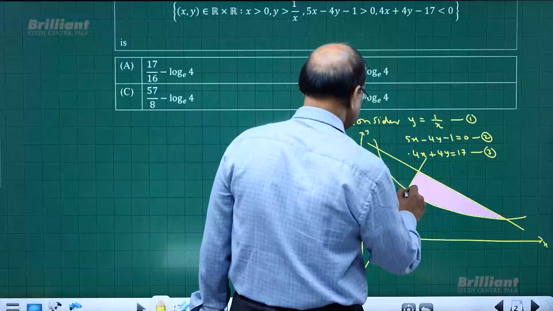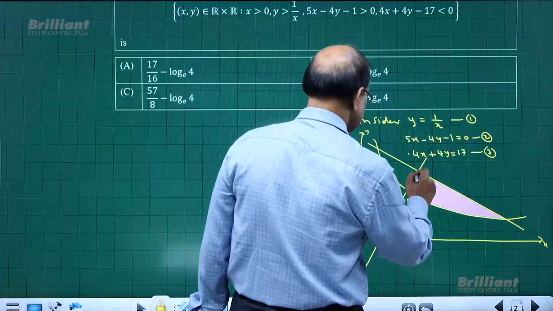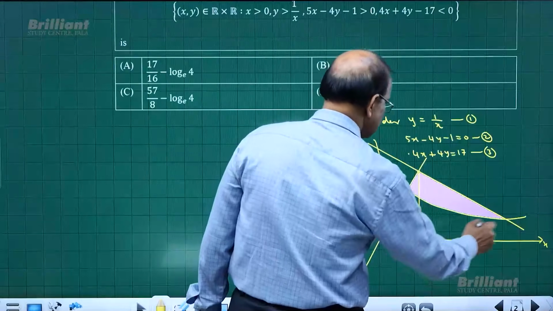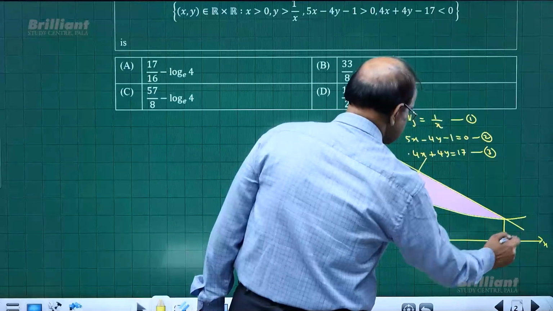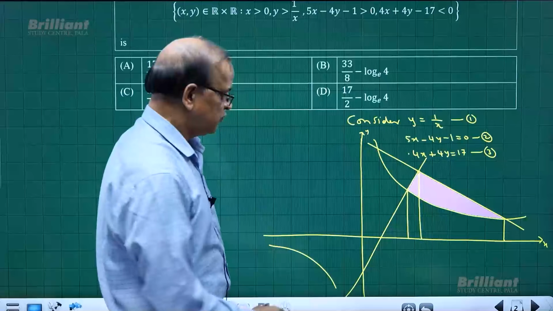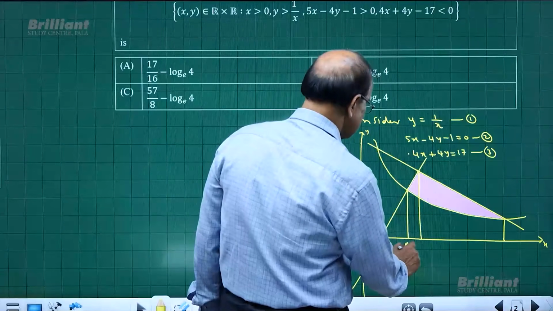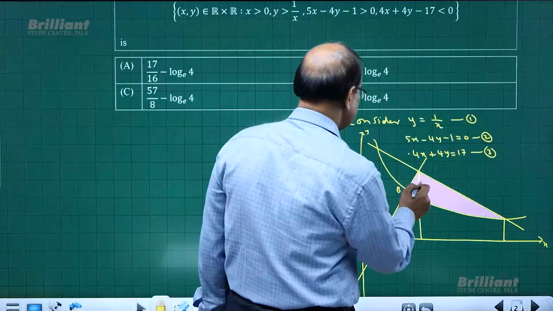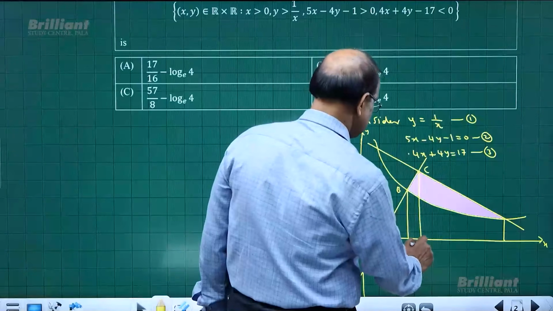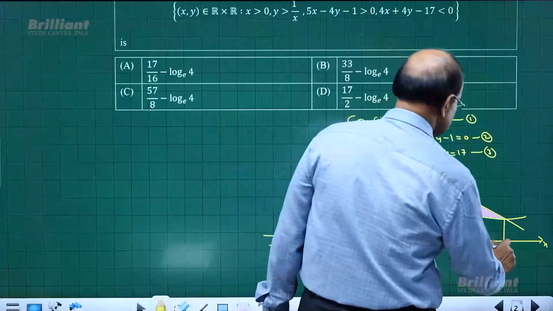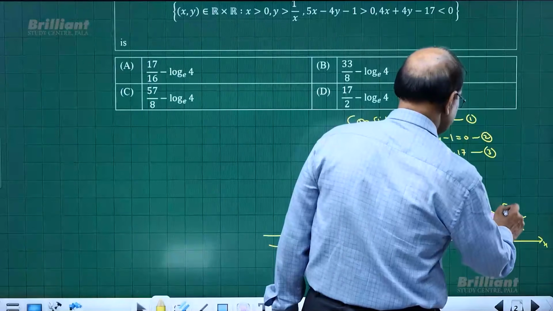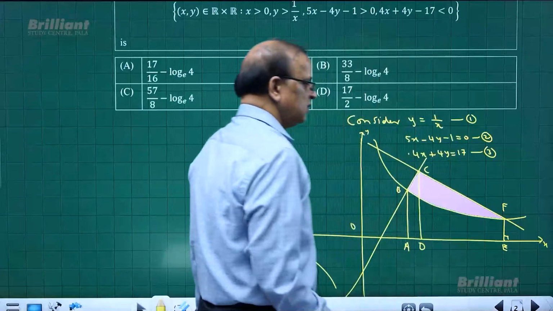So, if you draw perpendiculars like this, we will get this is A, B, C, D, E, F, okay, right.